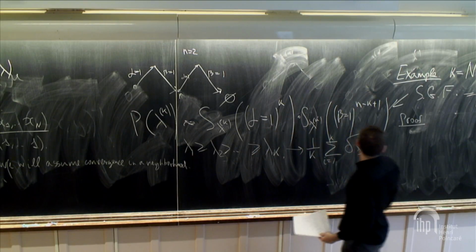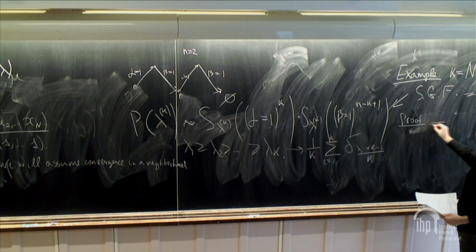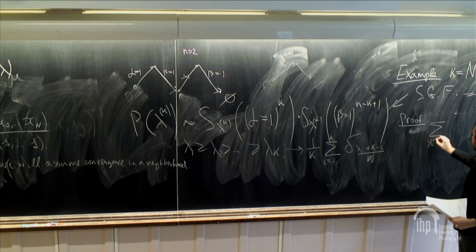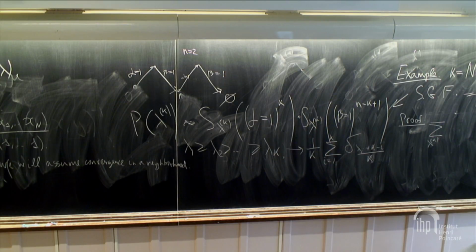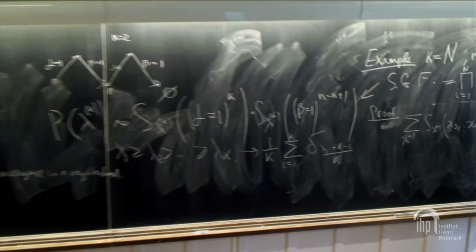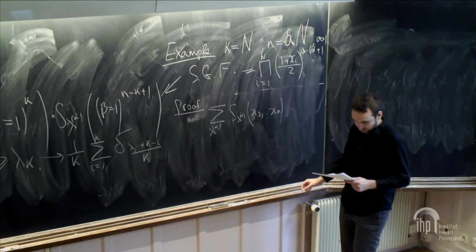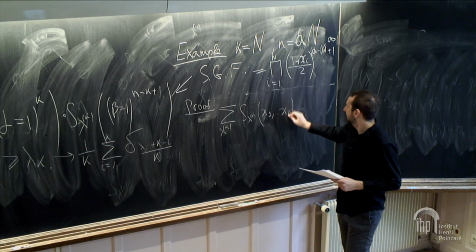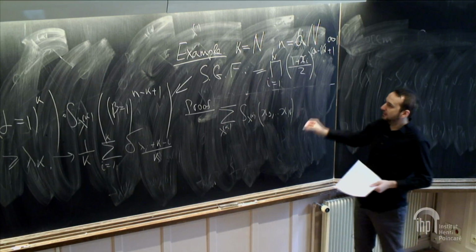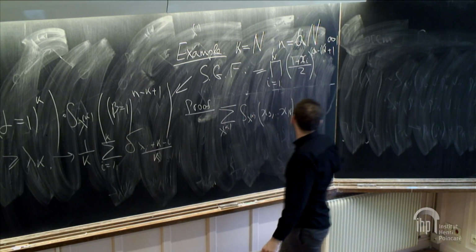So what we need to do in the end is to sum over lambda, s lambda k of x1 through xk, multiplied by the same guy here.